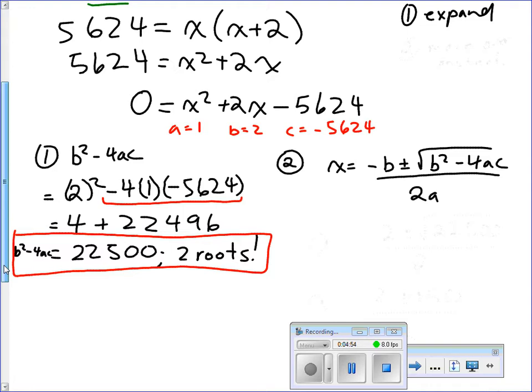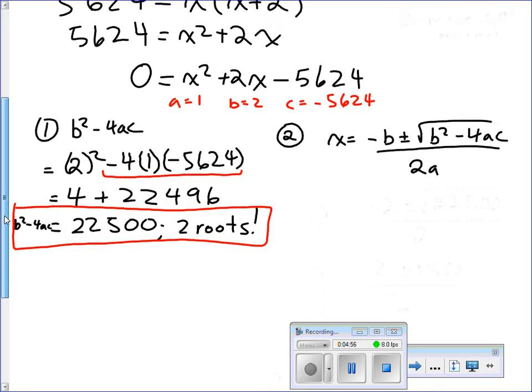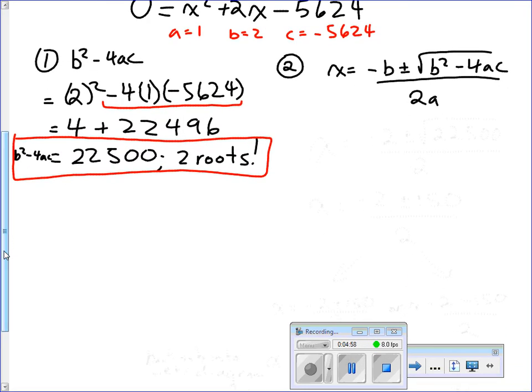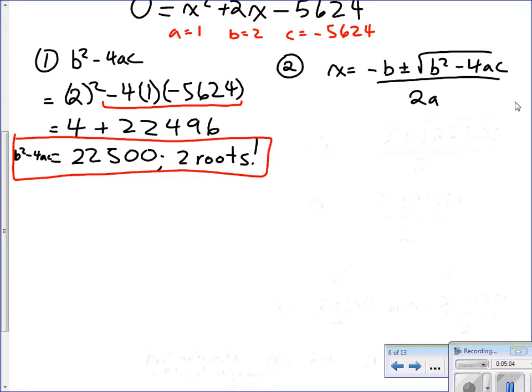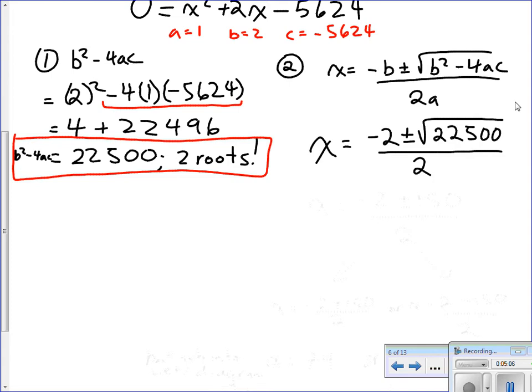Now we're going to take all that information that we learned and plug it into our solution. So now you get x is equal to negative 2 because b was 2 and it's negative b in the front, plus or minus whatever that square root number is, over 2 because 2 times 1 gives us 2 and a is 1.